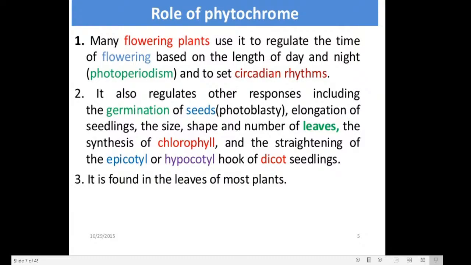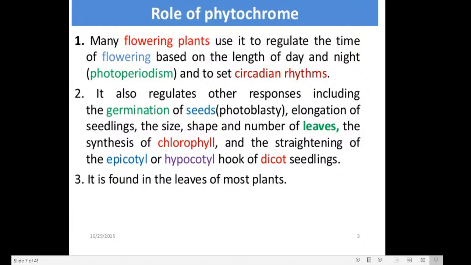Many flowering plants use it to regulate flowering based on the length of the day and night, which is the photoperiod. Photoperiodism means some plants develop flowers based on the length of the day, the lighting time.